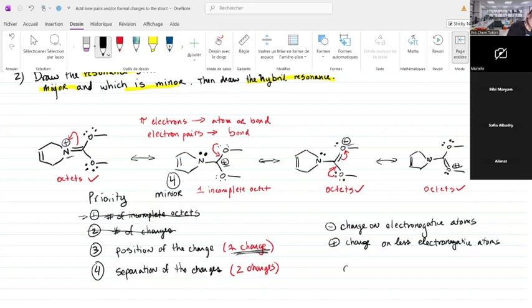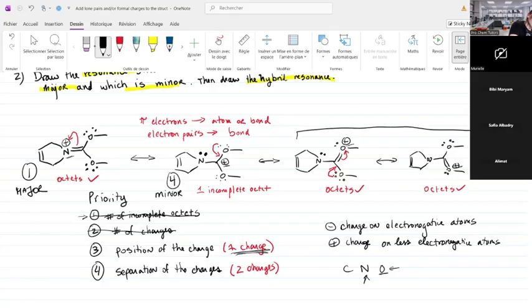So in this case, we know that on the periodic table, oxygen is to the right to the nitrogen, so oxygen is more electronegative, nitrogen is less electronegative. Therefore, we want the positive charge on the nitrogen. It's going to be more stable. So that's why this compound here is major, because the positive charge is on the nitrogen.